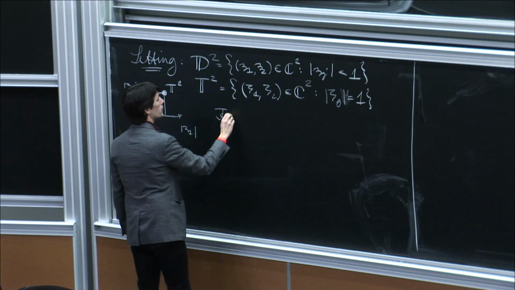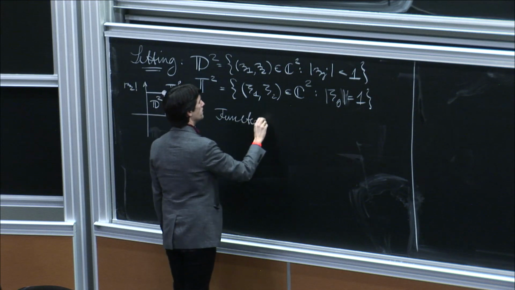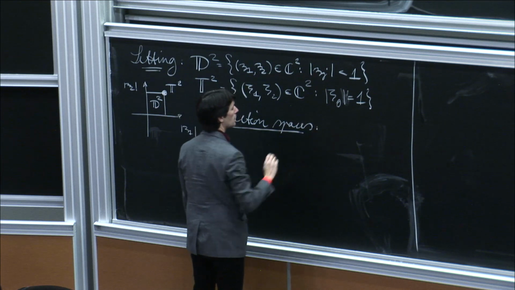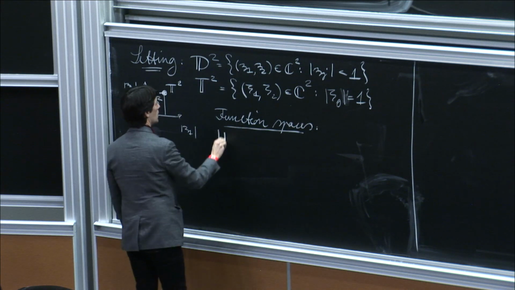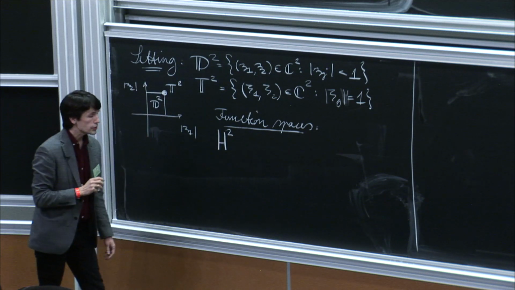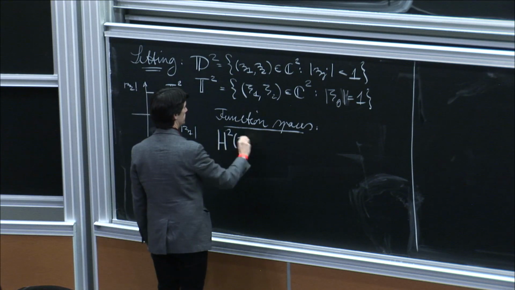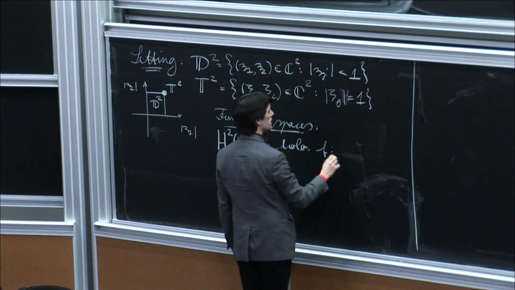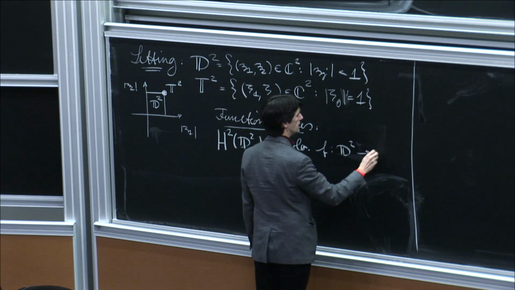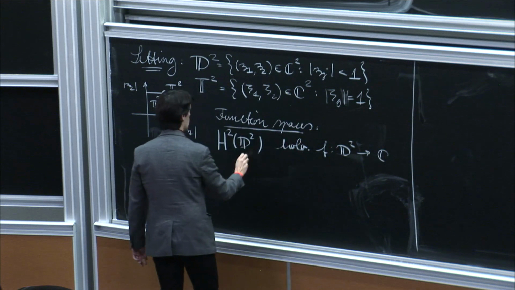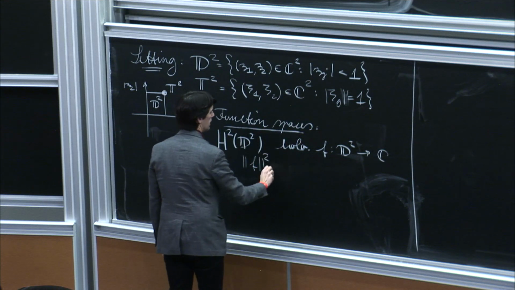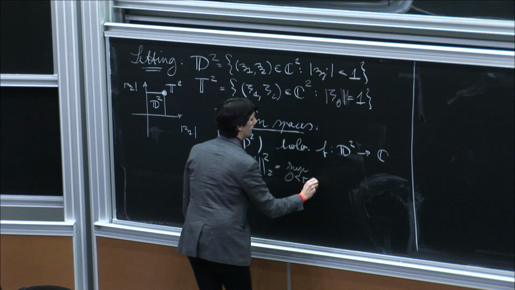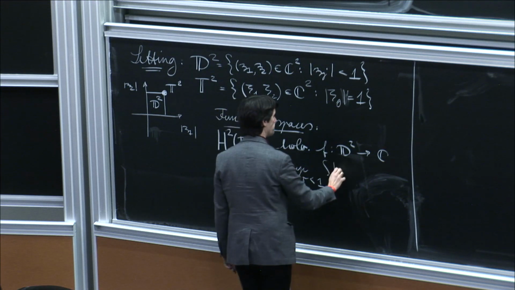We are going to be concerned with function spaces in the bidisk. The main one being H2 of the bidisk. So this is the space of holomorphic functions f with H2 norm finite. This is just as usual.